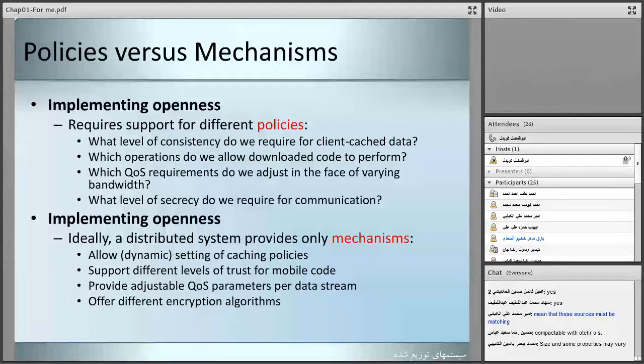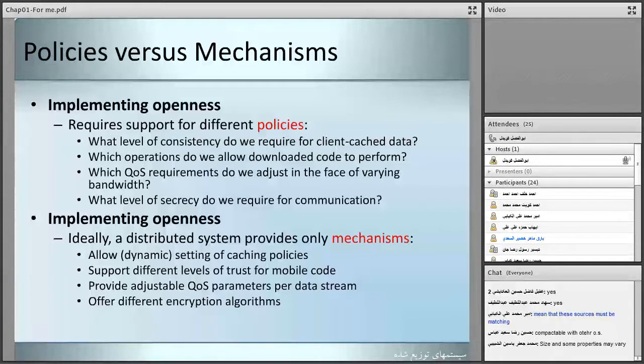What level of consistency do we require for client cache data? Which operations do we allow downloaded code to perform? Which quality of service requirements do we adjust in the face of varying bandwidth? And what level of secrecy do we require for communication?